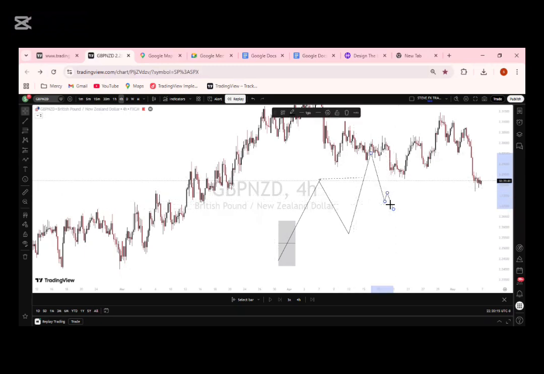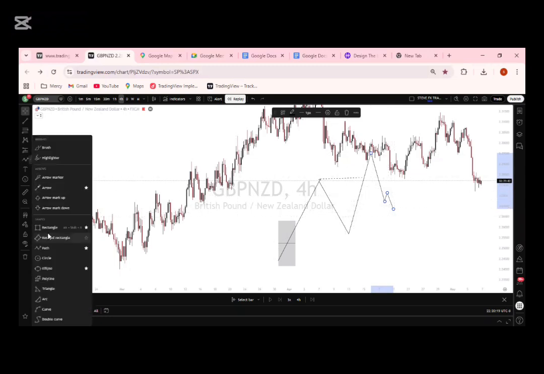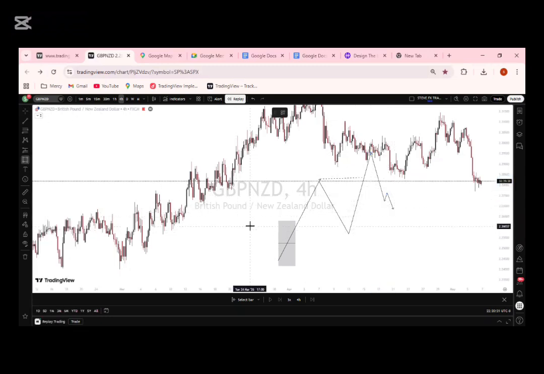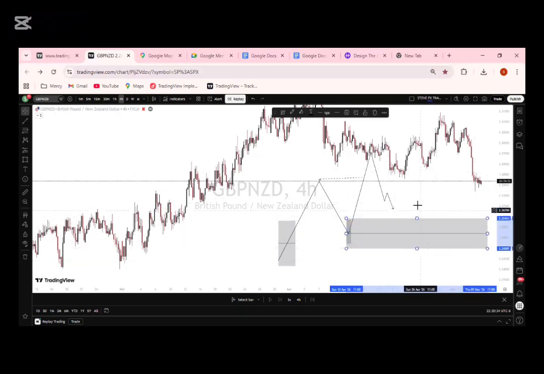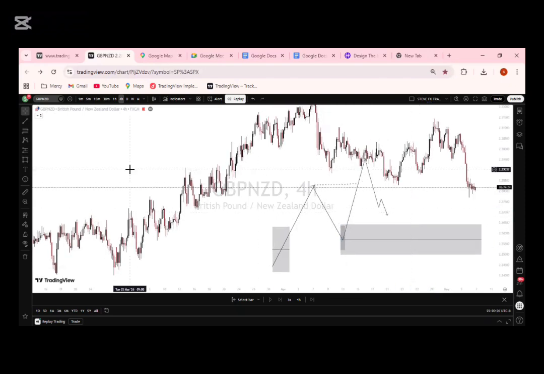And also whether the market is having an imbalance around that particular zone. Then we just pick our order block from that zone. So that is the concept that we are going to be applying.